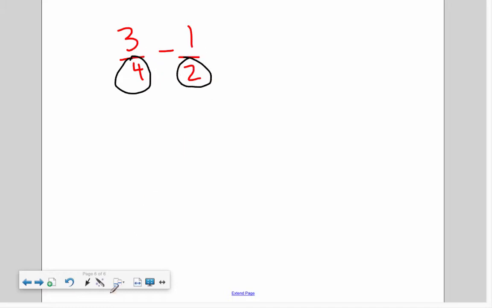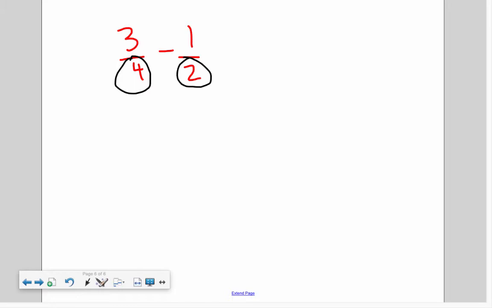And we ask ourselves, what is the lowest common multiple of 4 and 2? You may have heard that before. Lowest common multiple, the smallest number that both 4 and 2 go into evenly.